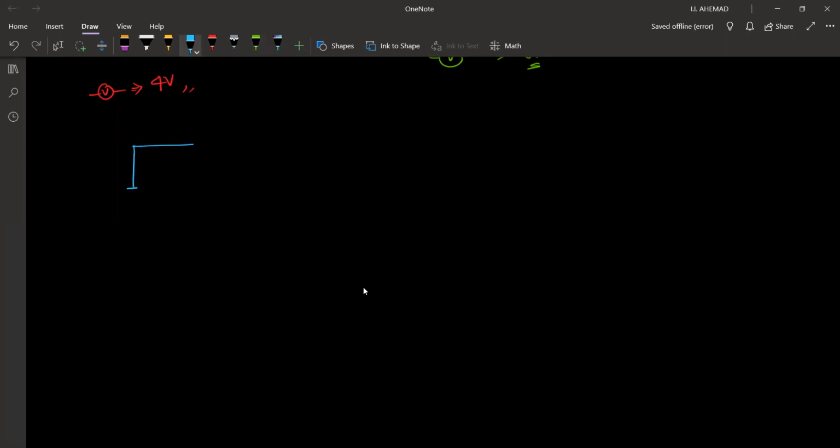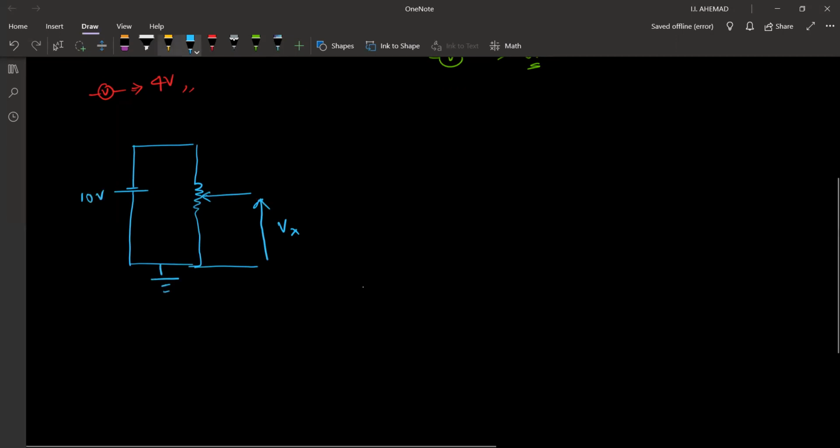So we have a 10-volt battery and a variable resistor. Here we have a resistor and a key. So we have to find what is Vx. This is earth. So this is 10 volt.